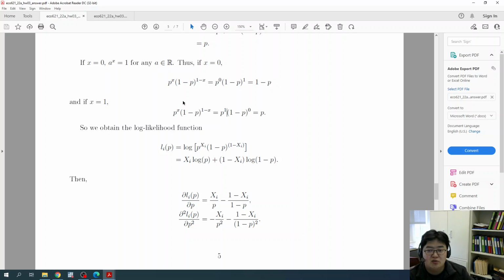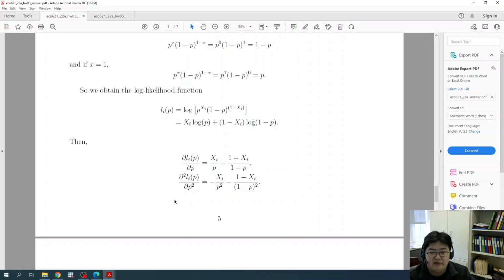And when you take the log of this, it simplifies again, right? Log of something multiplied by something can be split as log something plus log something, right? And log of something to the exponent of something, the exponent gets out of the log and becomes a slope, right? So you get this.